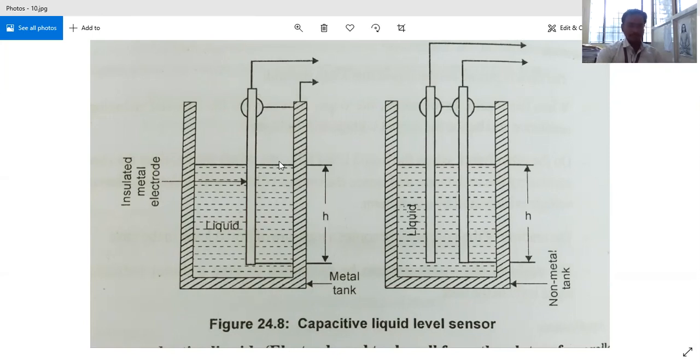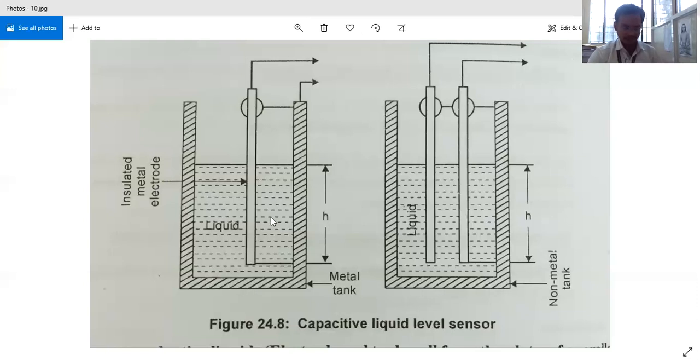For non-conductive liquids, the electrode and the tank wall form the plates of the parallel plate capacitor with the liquid between them acting as dielectric. See the electrode and the tank wall. This is the electrode here, and the tank wall. These two will form a parallel plate capacitor. So this is in the case of non-conductive liquids.